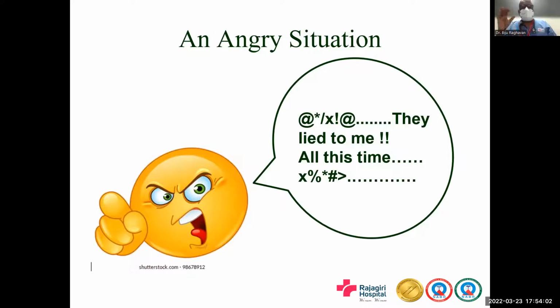Often we don't think about it. Why is this person getting angry? Nobody likes to get angry. But we can easily identify somebody who is angry. You see their facial expression. There's a lot of anger. The volume of the voice would be very high, and the tone of the voice would be very sharp.